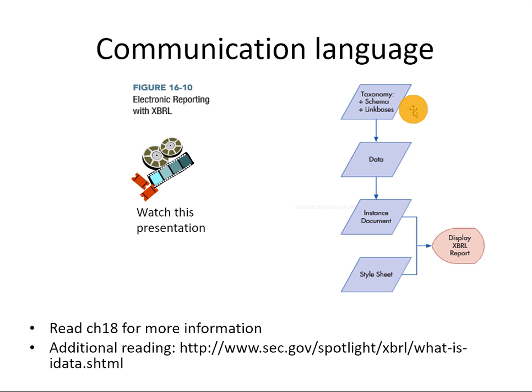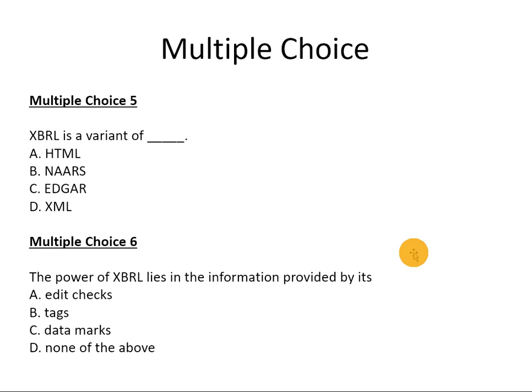It's a big topic, so we have a link base for US GAAP. So that completes the XBRL. What we see is the information interpreted by the software, to be more specific, the browser. Okay, try these multiple choice questions.